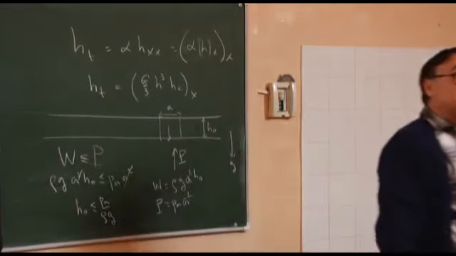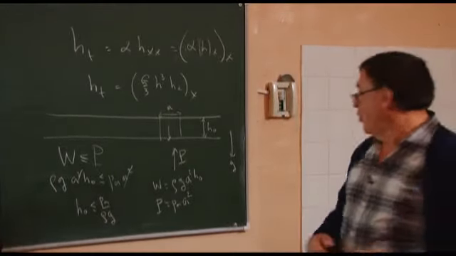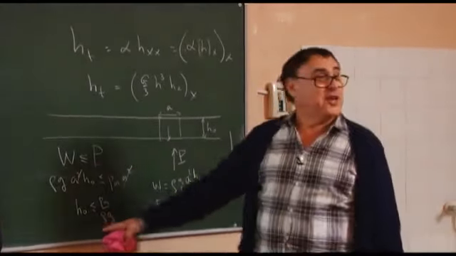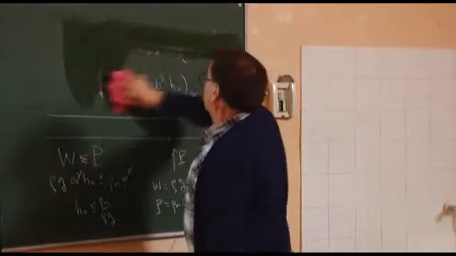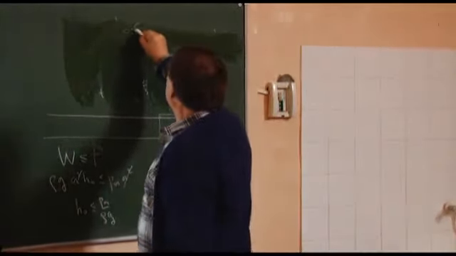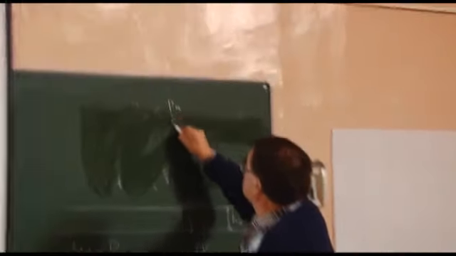Let's make a hardcore computation here to find how much H0 should be. H0 should be smaller or equal to PA divided by rho G. How much is PA?